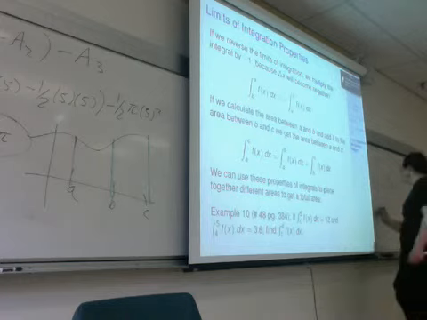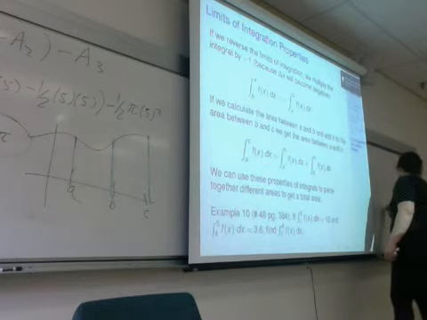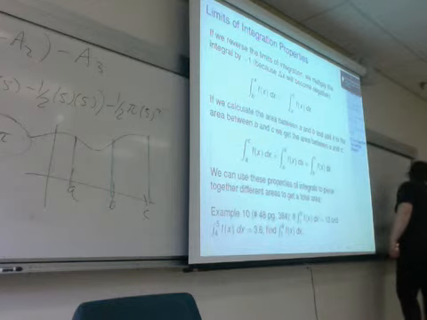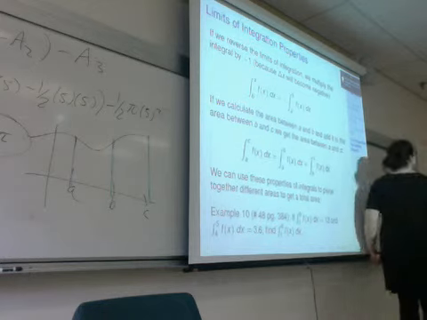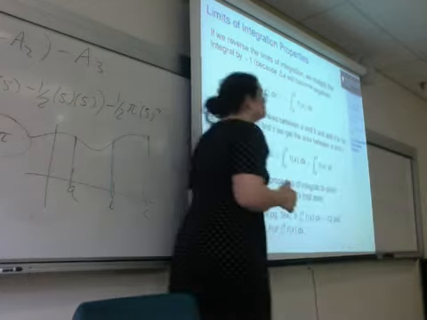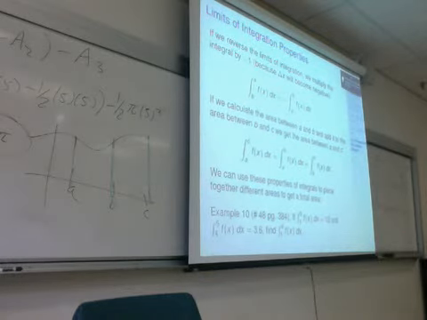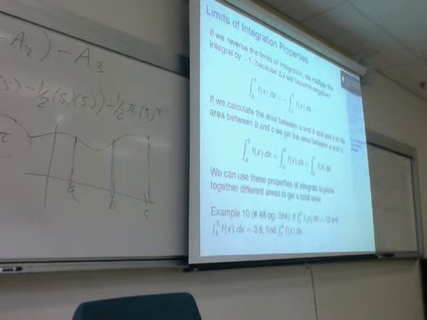And so we'll get that the integral from 1 to 4 is 12 minus 3.6, which is 8.4. Any questions about this idea?